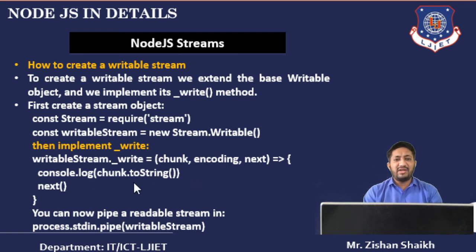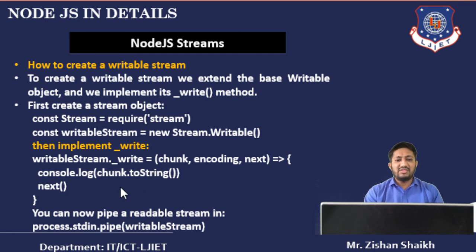To write and print the data coming in, we have to identify it. With streaming writes, we always get the data in the form of a chunk. The first parameter is the chunk, which part is coming. The second is the encoding, which we generally take as UTF-8. Then next is which chunk has to come, and if we are writing the data, we have to convert it into a string, which is preferable for our console to read.